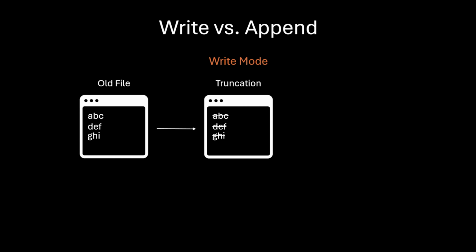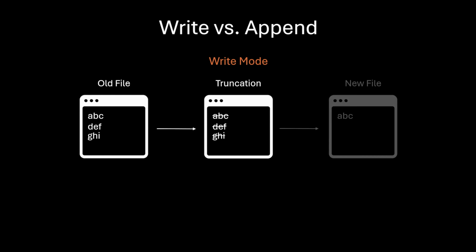Truncation means the file's entire content is erased as soon as it's opened, and this happens even before you write anything new. In the middle window, you can see that truncation has occurred, the file is empty and ready to be overwritten. As soon as we write something like ABC, it replaces the previous content. By the time the new file is saved, only the new content remains. All old data is gone.